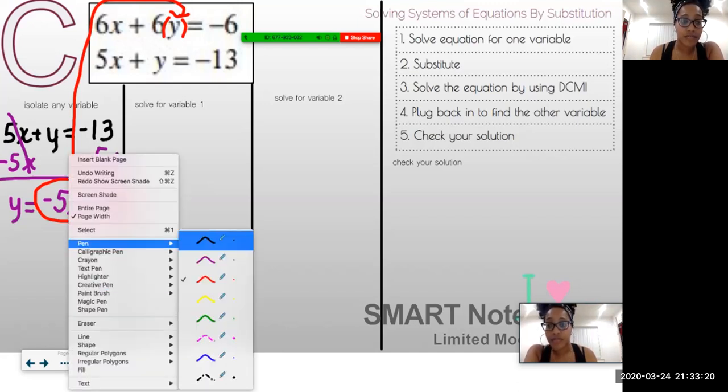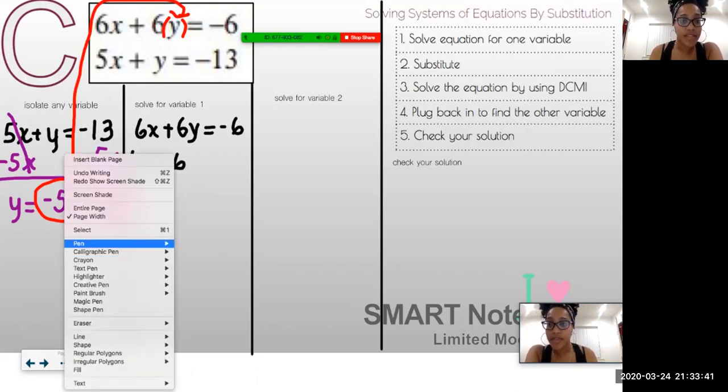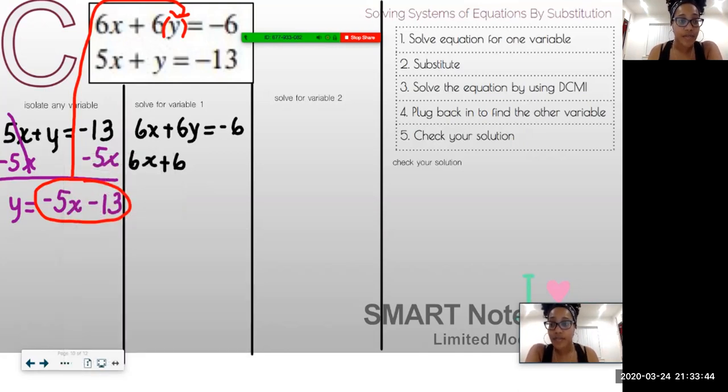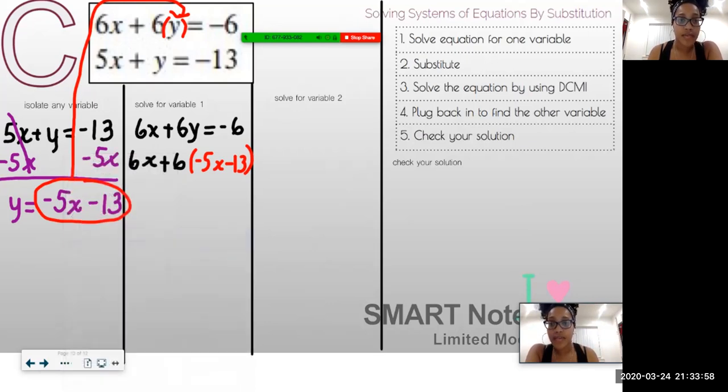So I'm going to rewrite the equation using black ink, and where I substitute in, I'm going to use red ink. So 6x plus 6, that came with the equation. Now, instead of y, we're going to replace it with negative 5x minus 13. And all of that is equal to negative 6.